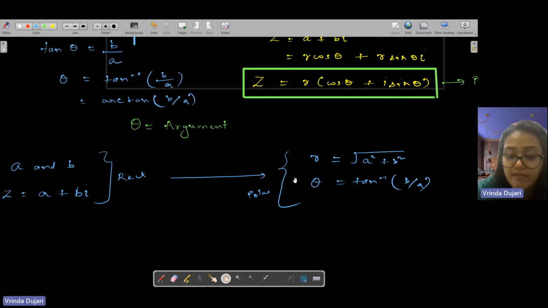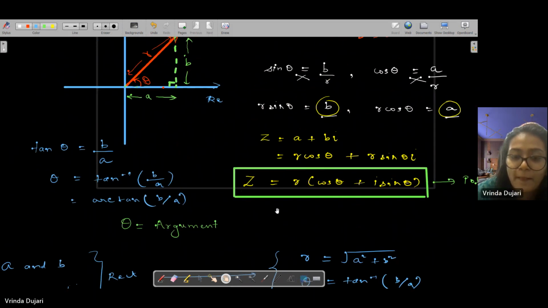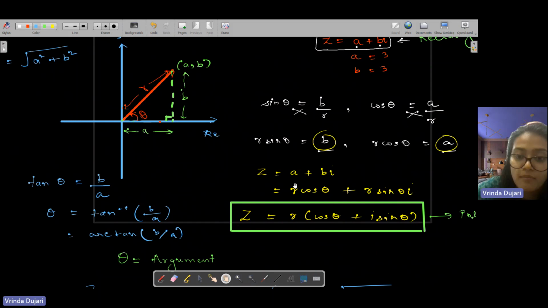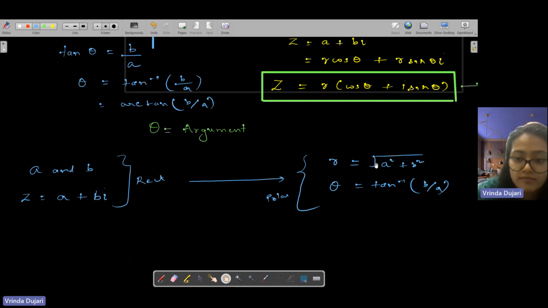And what if the values of r and theta are given to you? Then from r and theta, how will you go back to the rectangular form? So if the polar form is given to you, how will you go back to the rectangular form? It's very simple. Value of b is r sin theta and value of a is r cos theta.